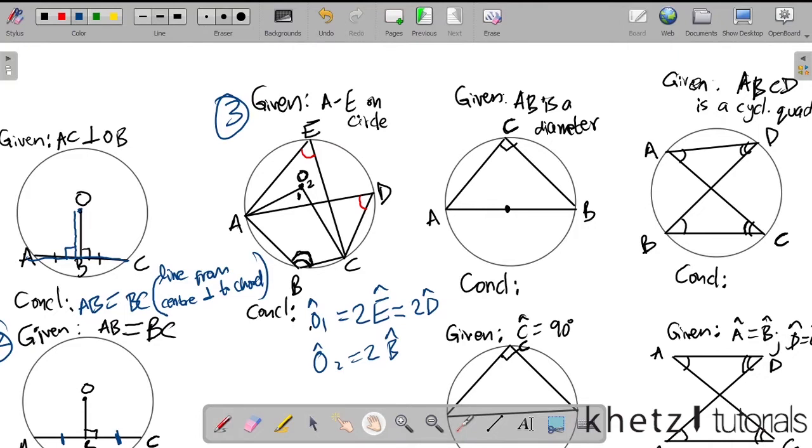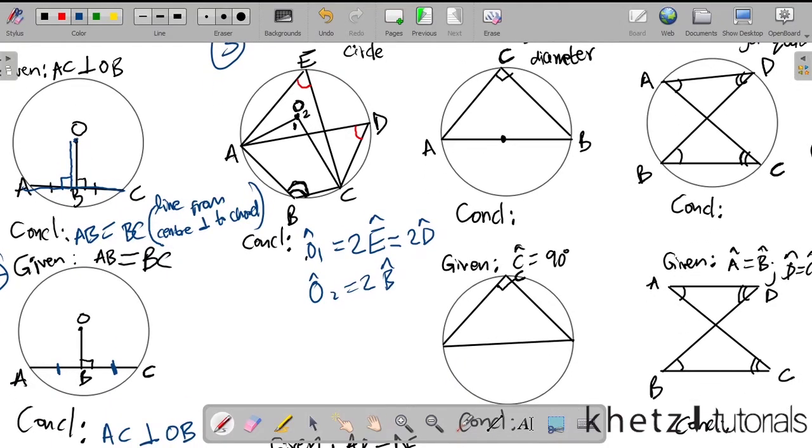And the reason for that would be the angle at the center is equal to twice the angle at the circumference. So that is the reason for that.